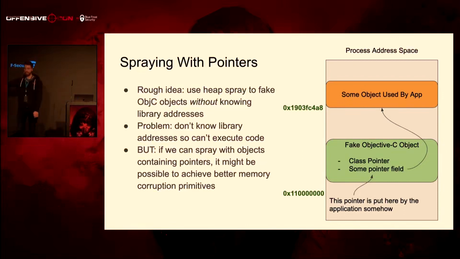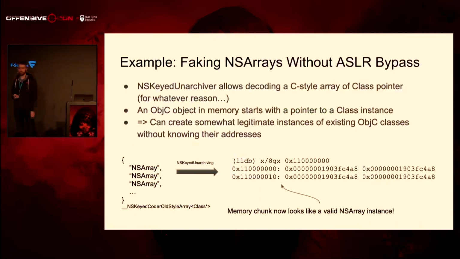My heap spray is at this hex 1170 address, and what I want to put there are fake objects that have some valid pointers in them that the application itself puts in there. And then I have a pointer maybe to some interesting global object. Since that's part of a faked object, maybe I can make the process do something interesting to it. That's the really vague idea that I had.